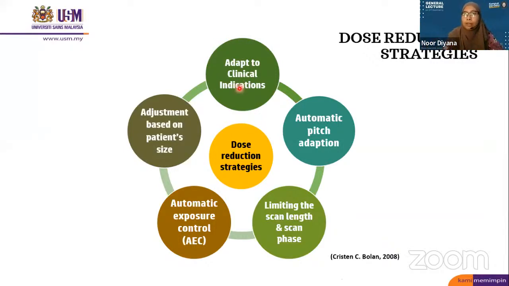Okay, for example, you have a head CT protocol, but for different indications. Okay, for example, for a brain study, or for fracture, if you want to see the fracture in trauma. Okay, so different clinical indications actually employ different protocols, and then use automatic pitch adaptation.